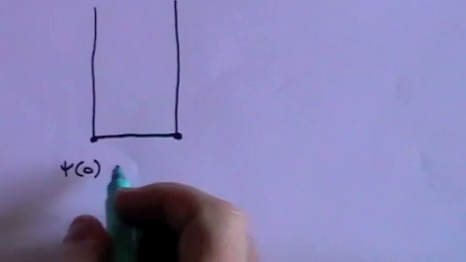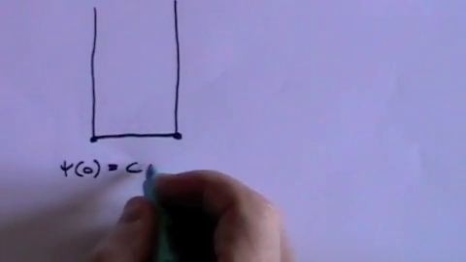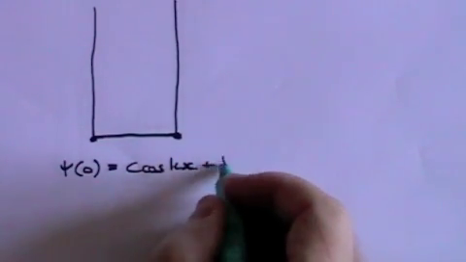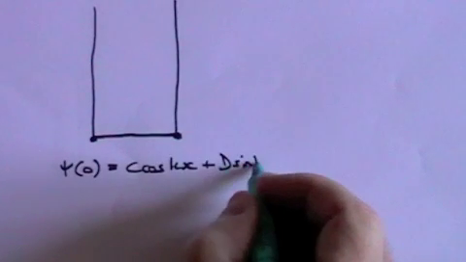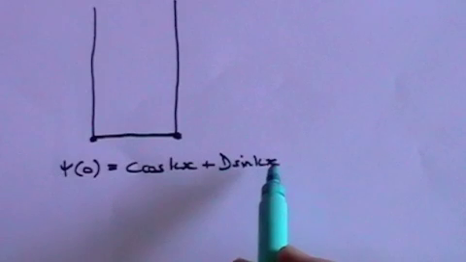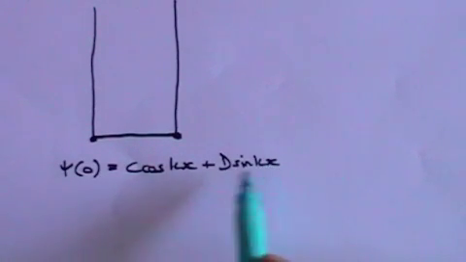So we know that psi at the point x equals 0 equals C cosine of kx plus D sine of kx. But when x is 0, the sine term is 0.